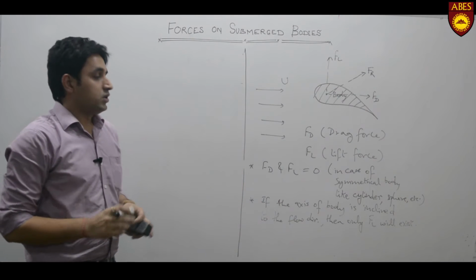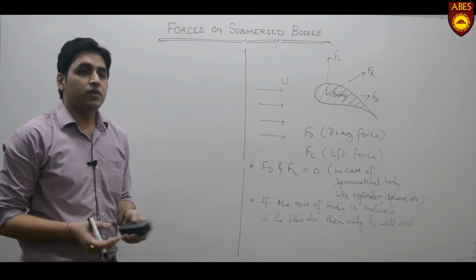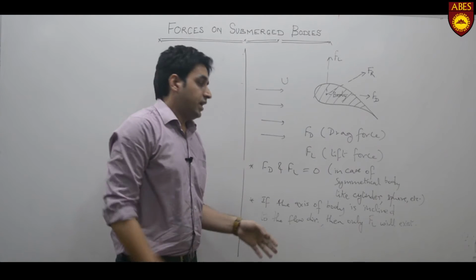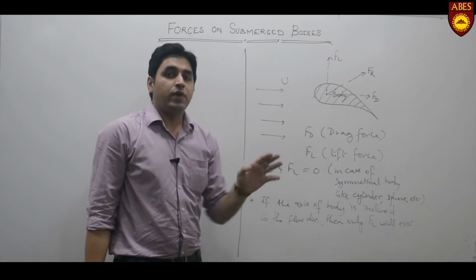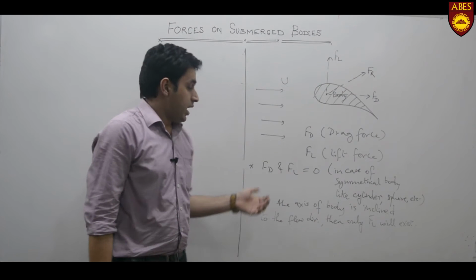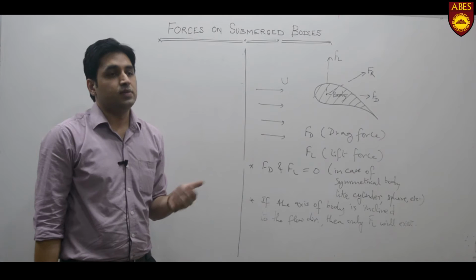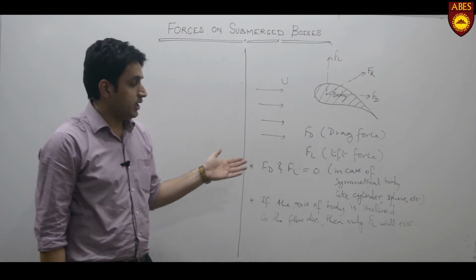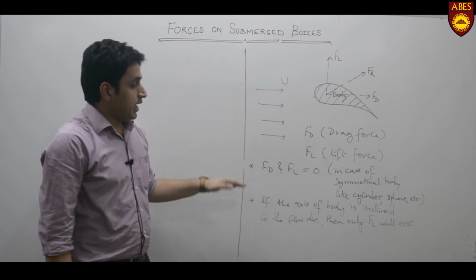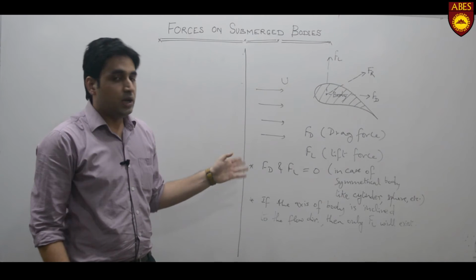So these are two conditions. For a symmetrical body, the Fl and Fd components are 0. And when the axis of the body has some inclination to the flow direction, then Fl will exist, otherwise it will be 0.